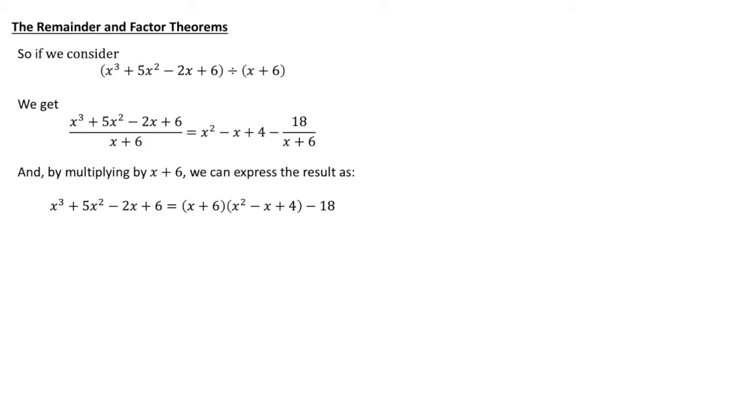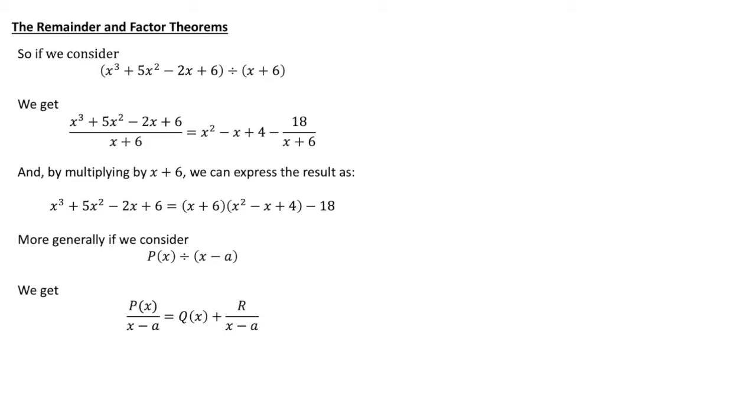Now, we're going to consider a more general situation. So this is quite difficult, so don't worry if you struggle with this, at least at first, but we're going to look at p of x, which is a polynomial, hence using the letter p, and we're going to divide by x minus a, where a is just some number.